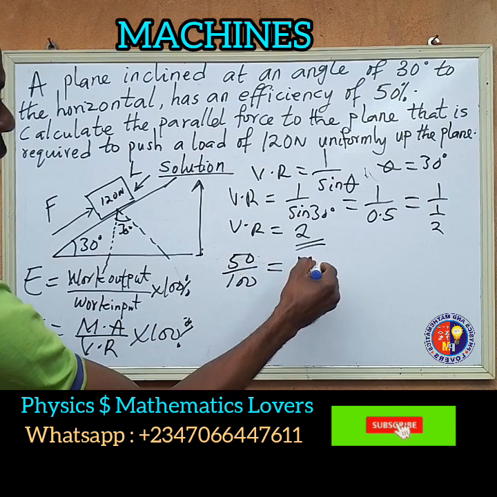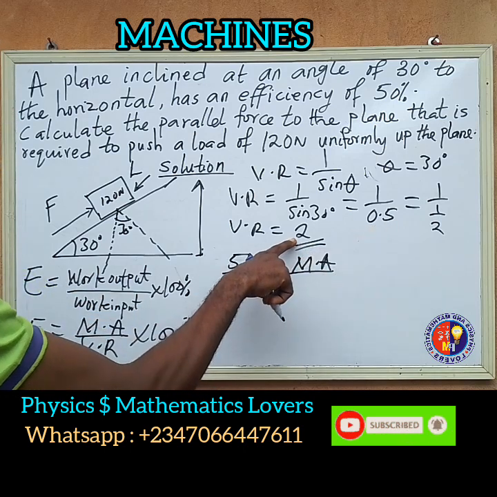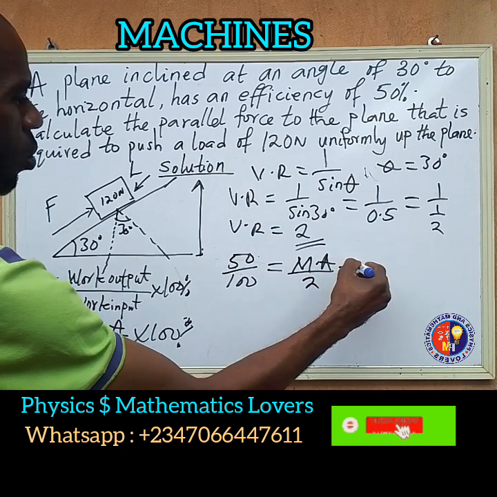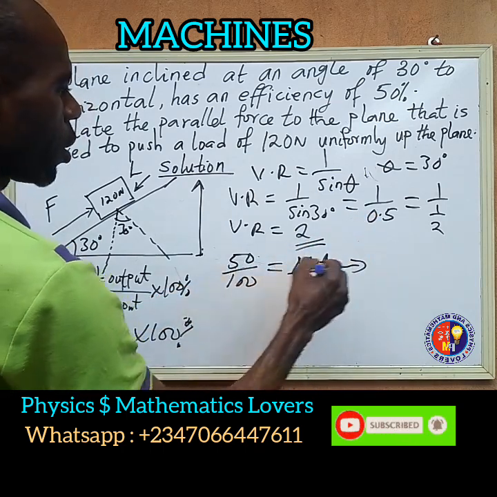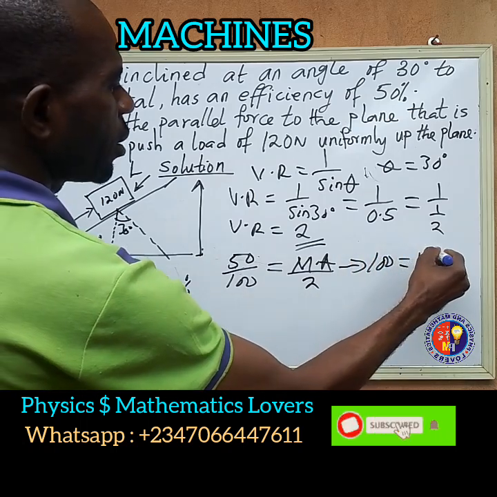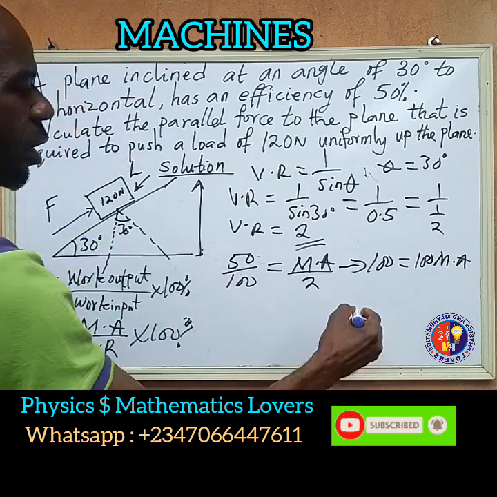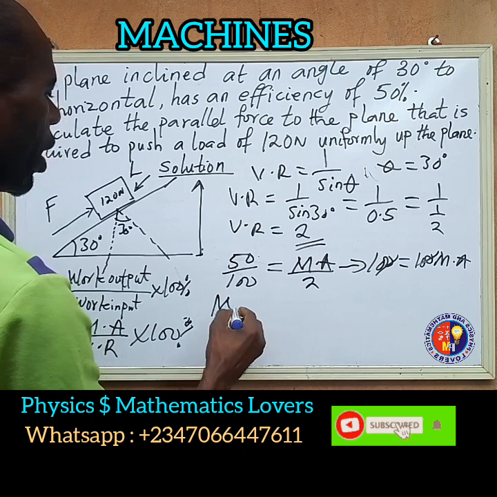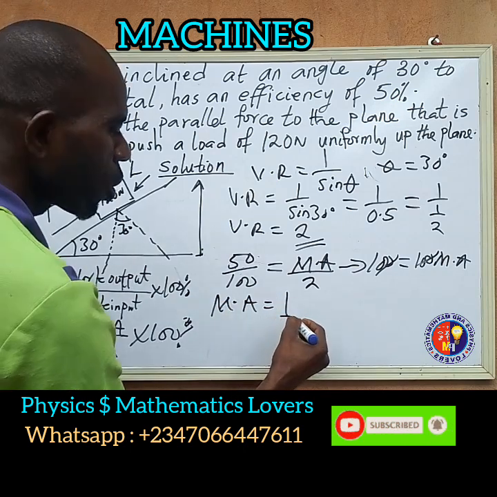That is mechanical advantage over velocity ratio. What is our velocity ratio? 2. So you put it there. Then at the end of the day, this will now imply that you cross multiply, you're going to have 2 times 50 gives you 100 equal to 100 times mechanical advantage. So at the end of the day, you can just cancel out. You have mechanical advantage to be equal to what? 1. So we have gotten this.